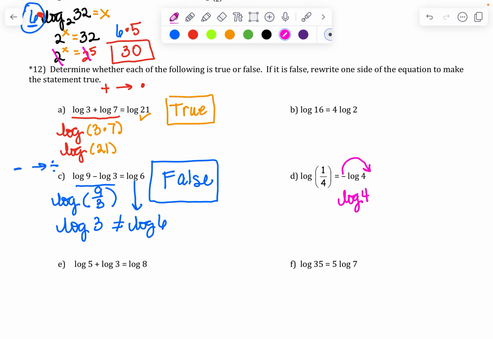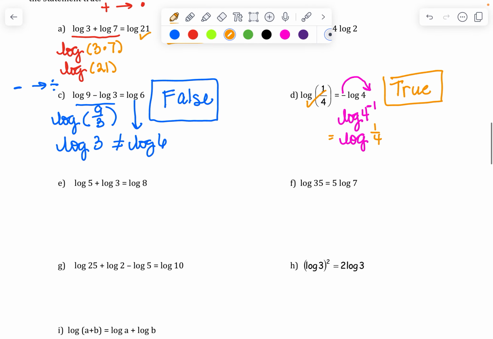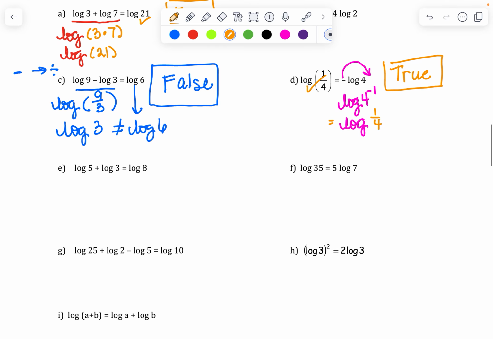Okay, next one. I am going to start with these two. Addition should make you think multiplication. So here we go. Log, and that would be 25 times 2. So that is the log of 50. And then I'm going to go ahead and bring this one down.